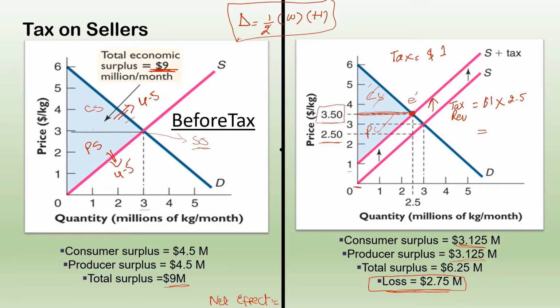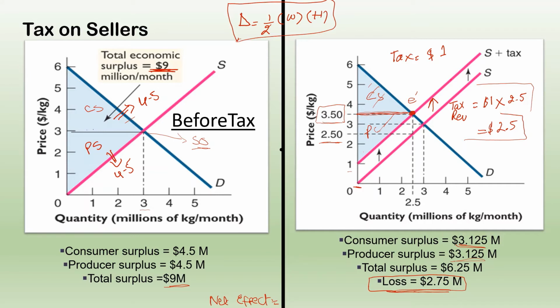So for every 1 kilogram the government is getting $1. For 2.5 million kilograms, the government is going to have 2.5. It will generate $2.5 million per month from a tax of $1. So this is the tax revenue generated by the government. Okay, if the government is again using this 2.5 million for the welfare of people, then it means that it is again coming back to the society.